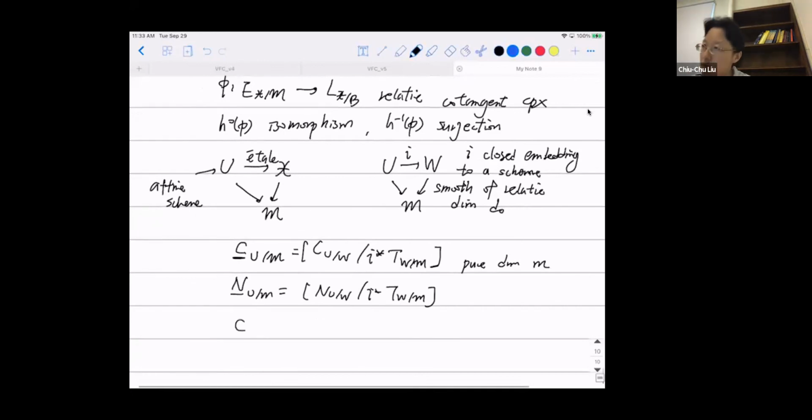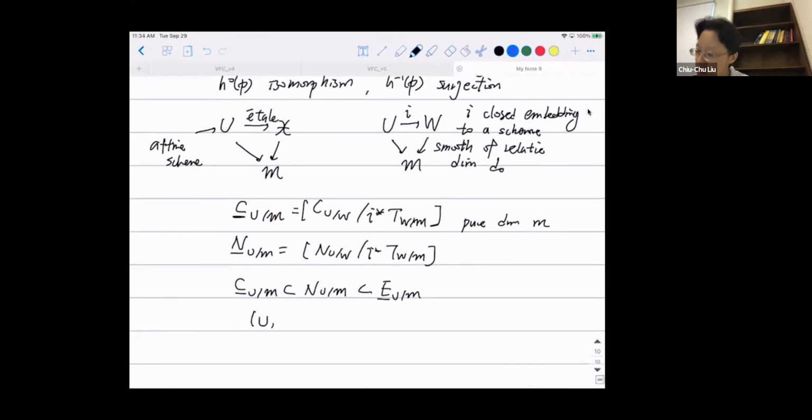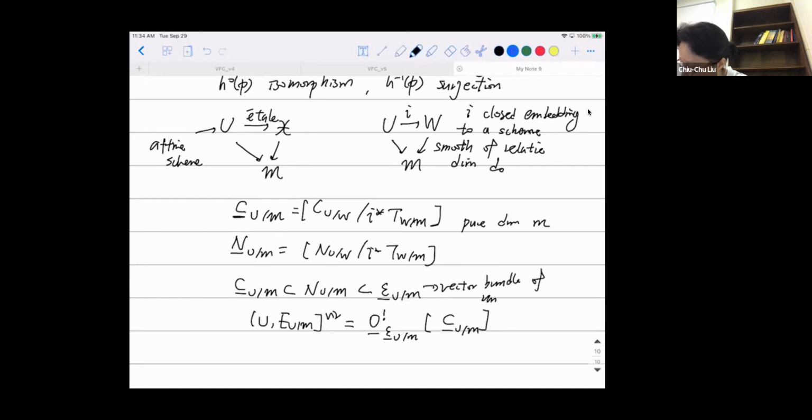And again, we have a closed embedding of cone stacks over U. We take the, so this is a vector bundle of rank minus D, where D is the virtual dimension.